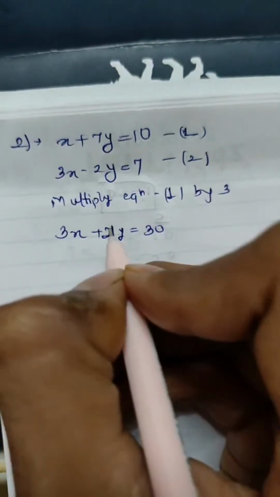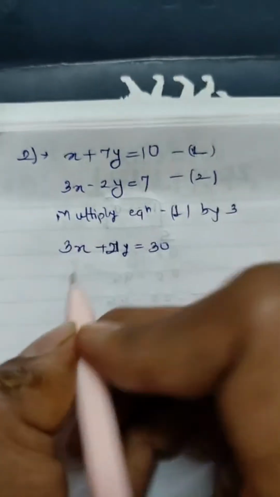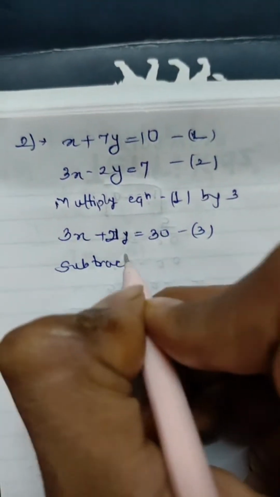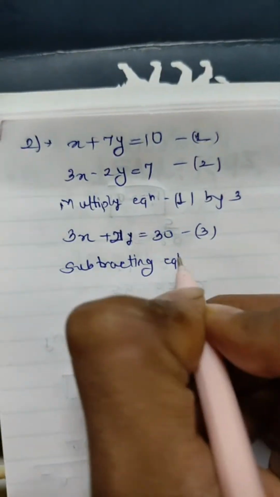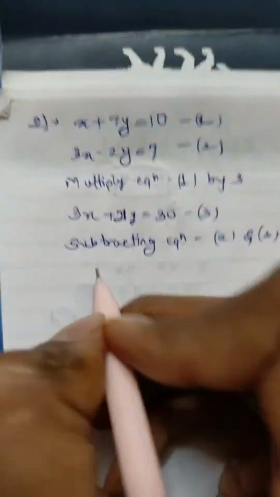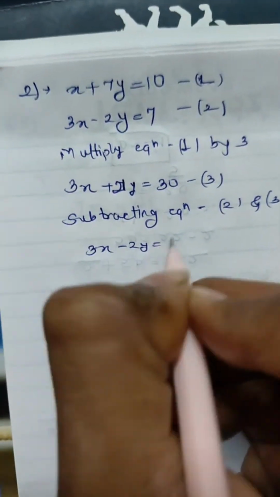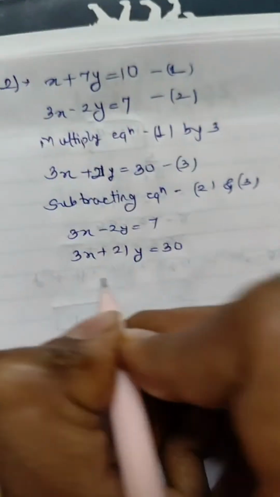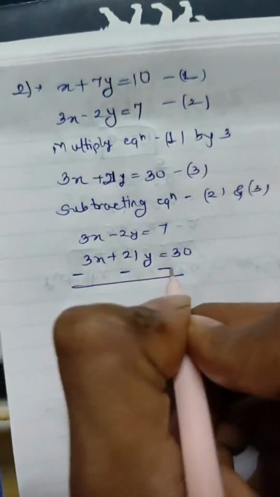Now we can subtract these two equations. Subtracting equation 2 and 3: 3x minus 2y is equal to 7 and 3x plus 21y is equal to 30. Subtract.